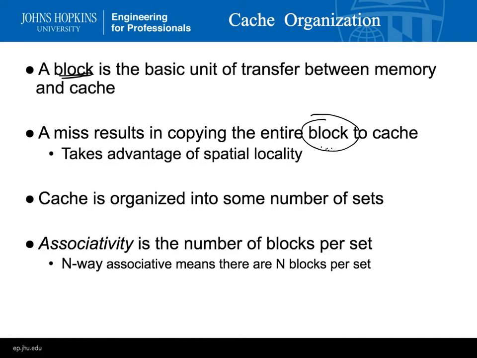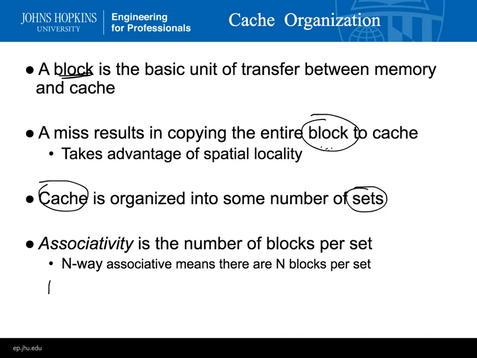Then we're going to talk about how we organize a cache into sets. Associativity is the number of blocks per set. We're going to see all the extremes, from where the associativity is 1 to where the associativity is the entire size of the cache.